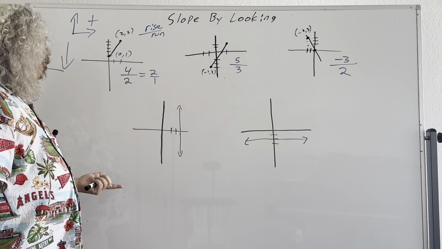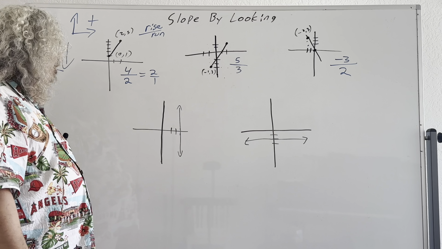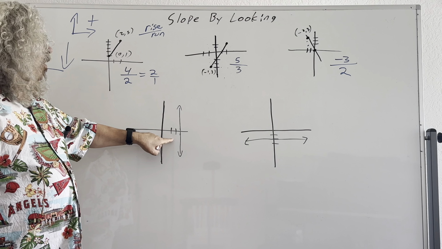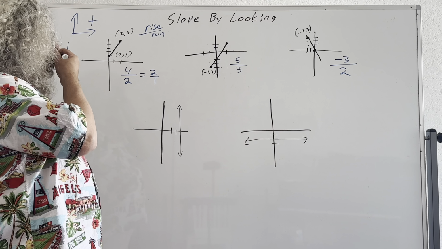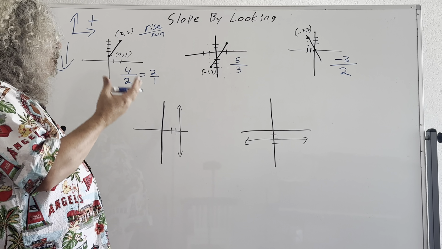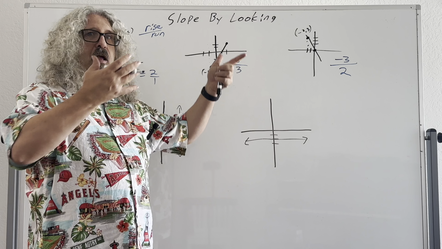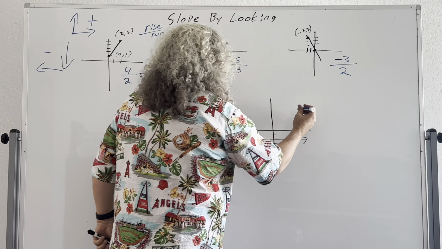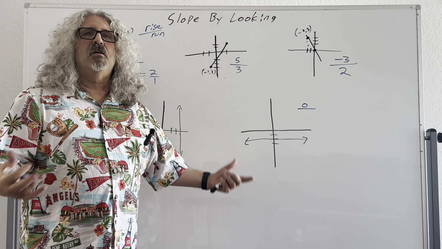Now, these freak people out a little bit because they're the straight lines. What do we do in these situations? I actually want to get to this one second. I'm going to come back to this one. Let's start with this one right here. What's my up and down on this? How far up? What's the rise of this? It's not going up, so the up is 0. What's the run? It doesn't matter.